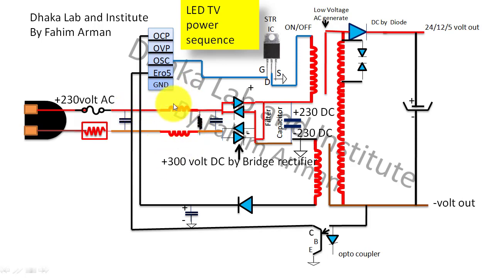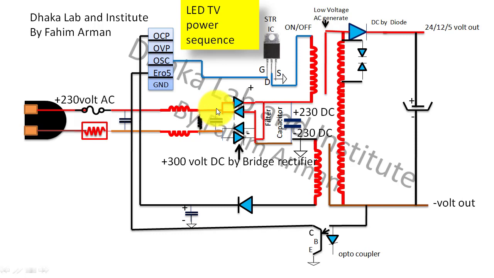This is the symbol of a coil. Then there will be voltage inside that resistor, and 230 volt AC will go to the positive point of that polar capacitor 2.